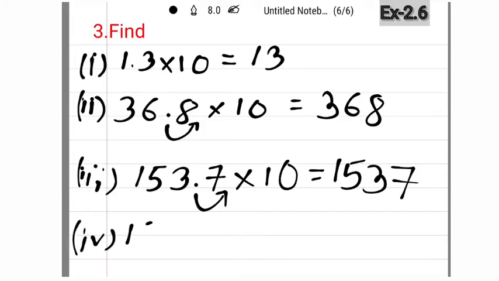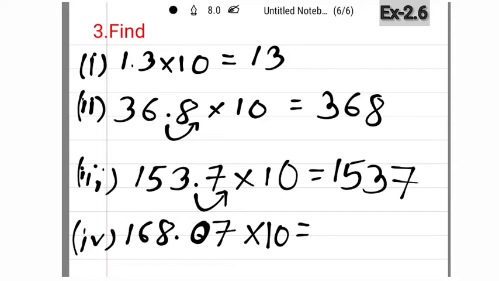Similarly 168.07 into 10. Here also, as it is multiplied with 10, it is shifted to the right for one digit. Your answer is 1680.7.